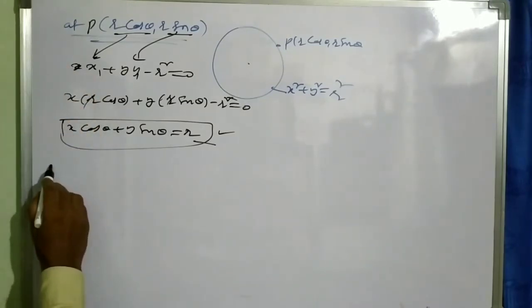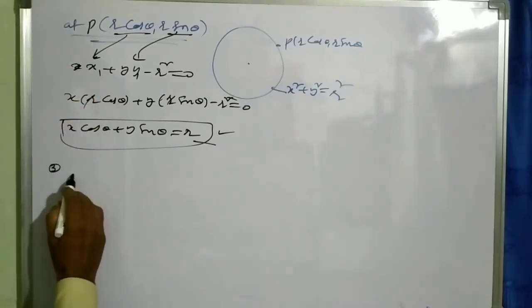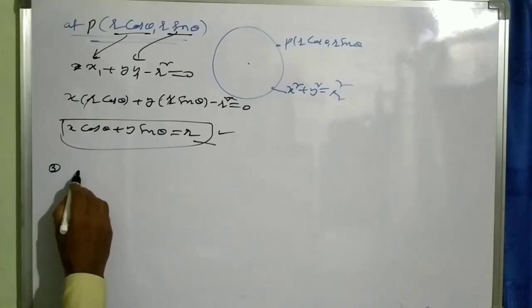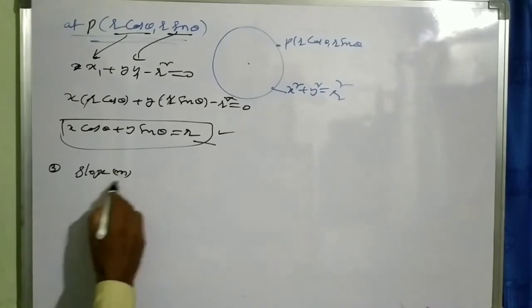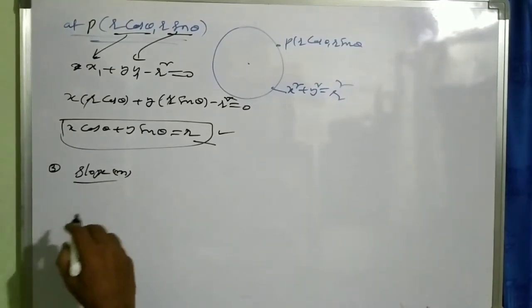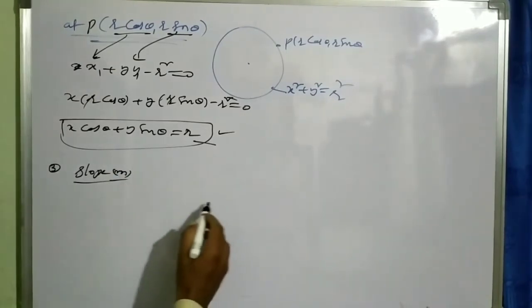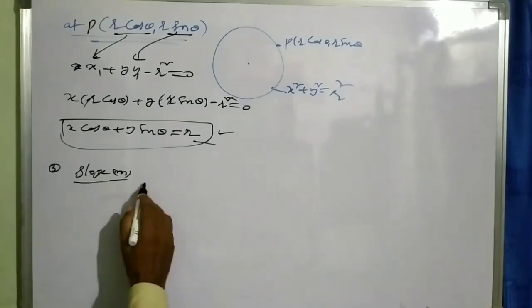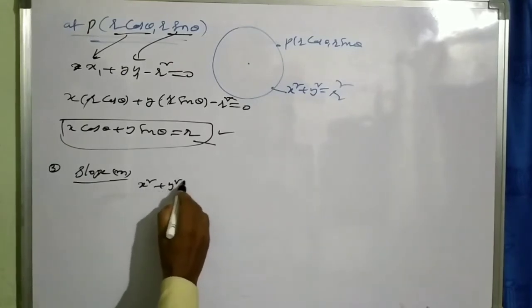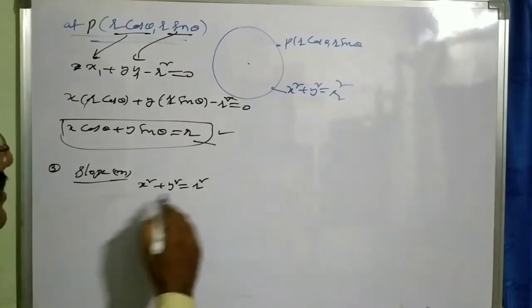The third form is the slope form, the equation of the tangent in the form of slope. Suppose the given circle is x square plus y square is equal to r square.